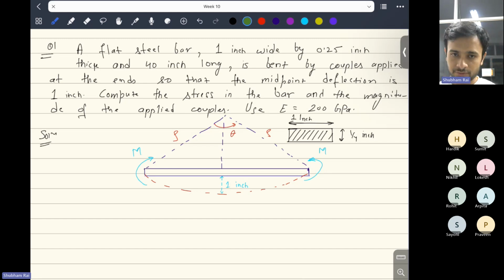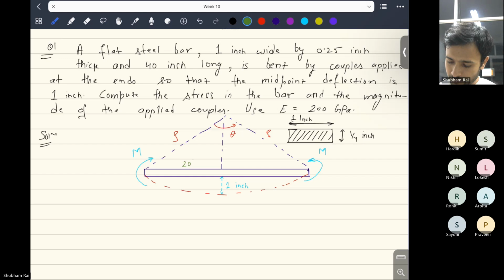Since we are dealing with small deflection problems, the total length is 40, so this will be 20 inch, and this will also be 20 inch.